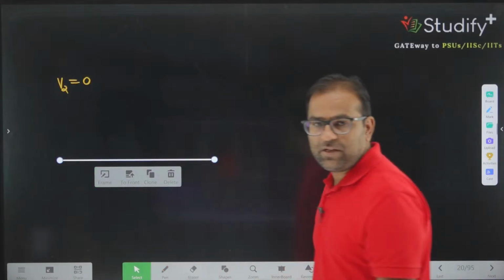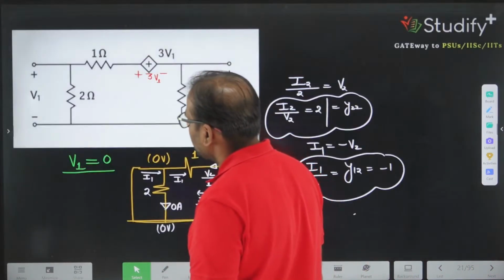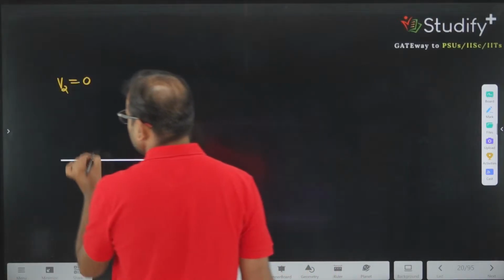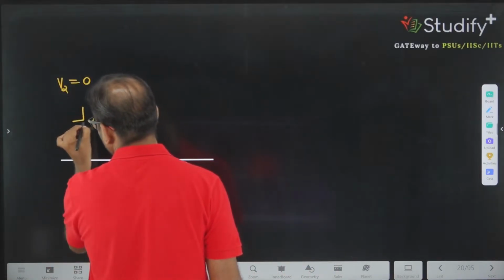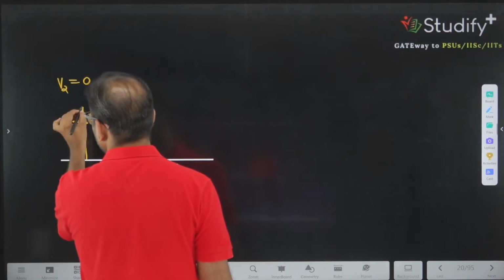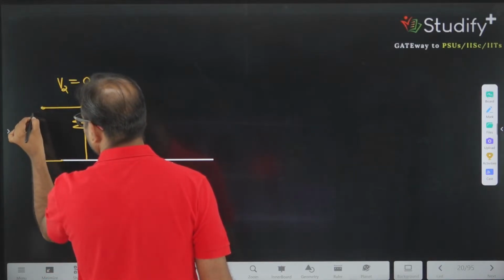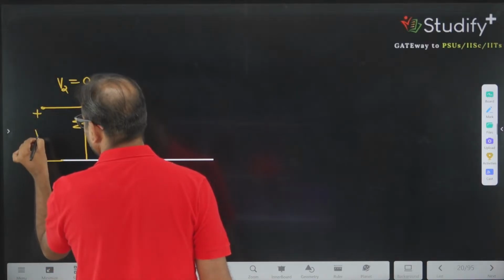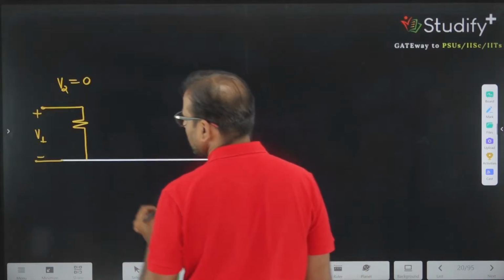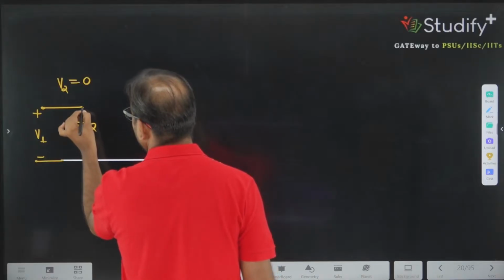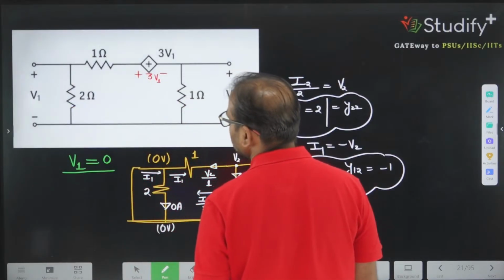If you are making V2 equal to 0, this is V1. This is 2. This is 1.